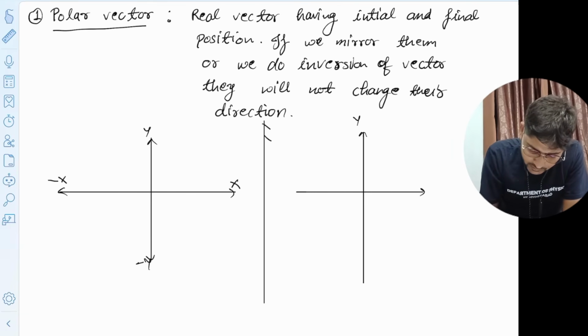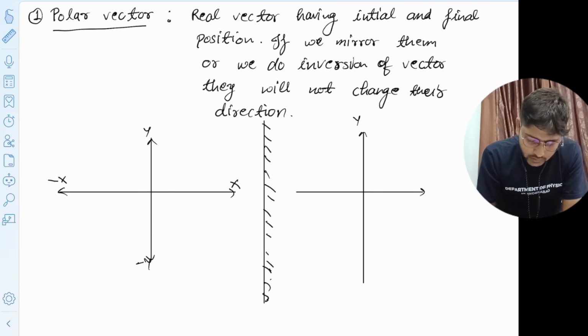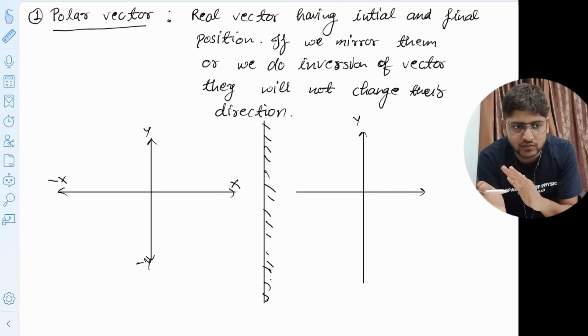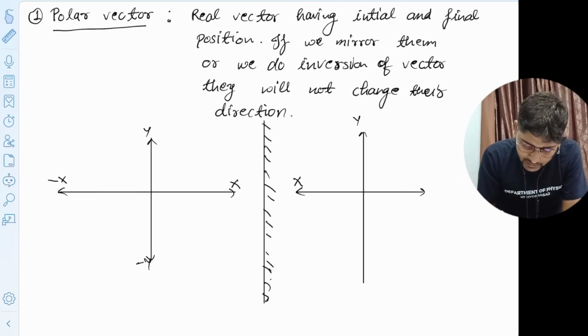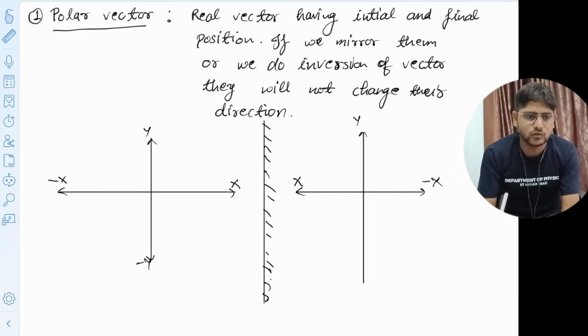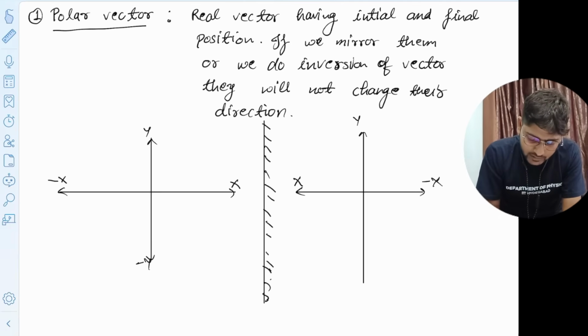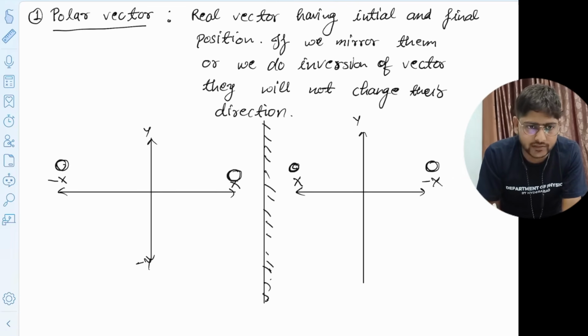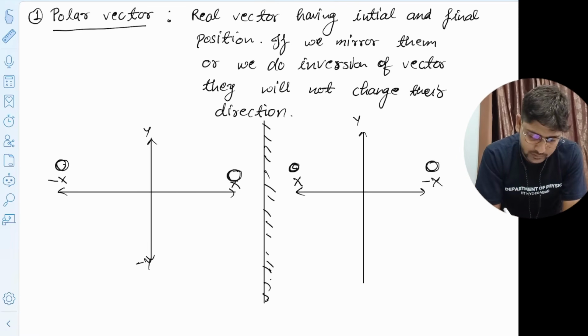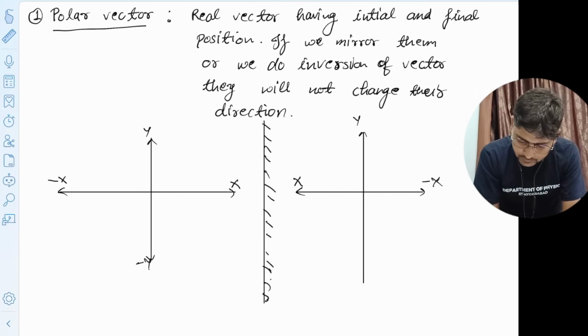But with a mirror, y-axis mirroring will be the y-axis only, but the x-axis will change. That point will come near the mirror, so it will become x, and the later point will become minus x. So in the first position here we have x-axis, here we have minus x-axis, and in the mirror here we have minus x-axis, and here positive x-axis. This is just for understanding purposes.